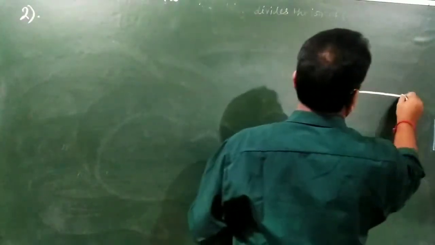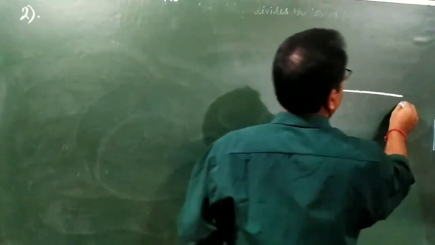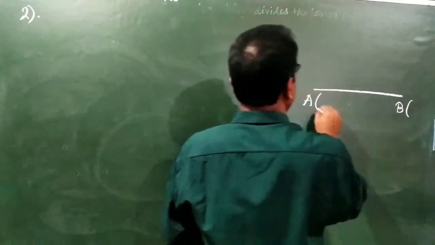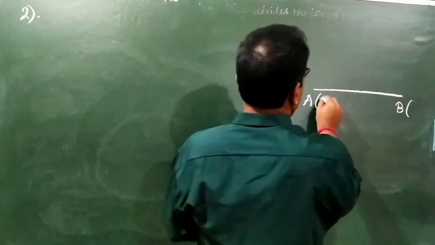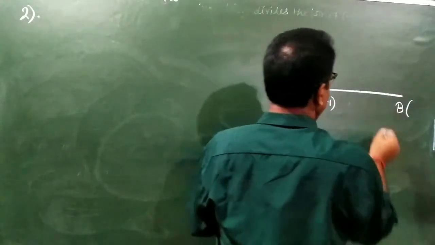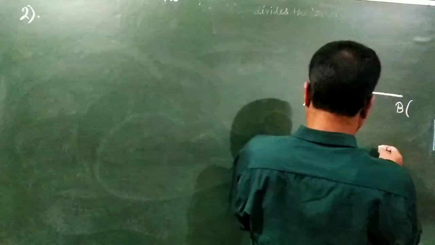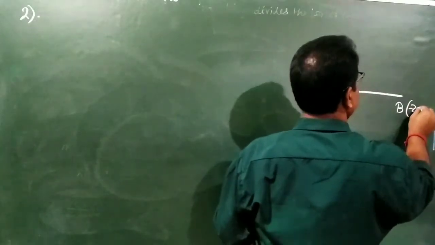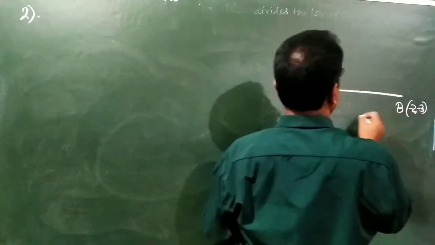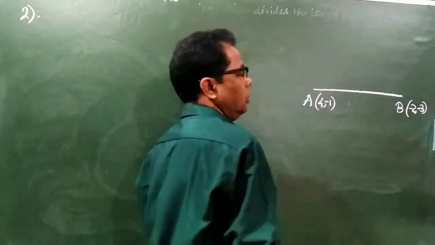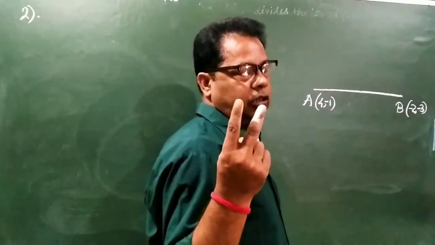Question number 2. A line segment AB whose coordinates are given here, A is (4, -1) and point B is (-2, -3). Here it is trisection, not bisect. Bisect means dividing equally into two parts.